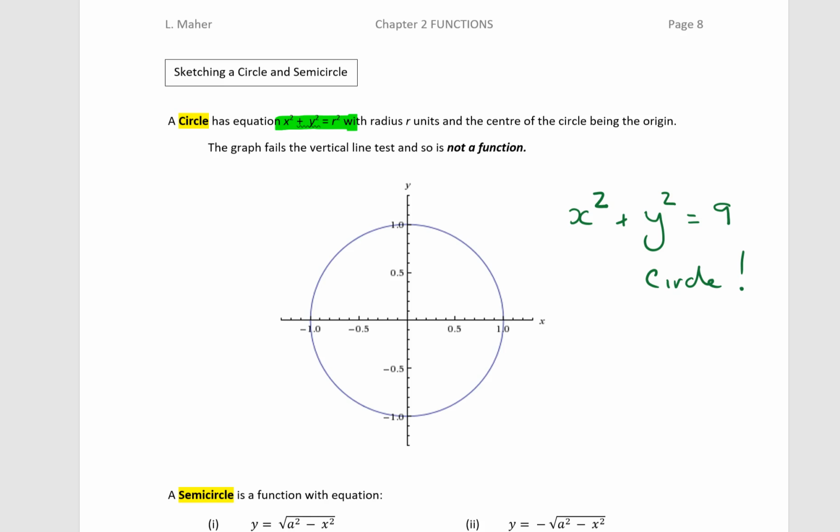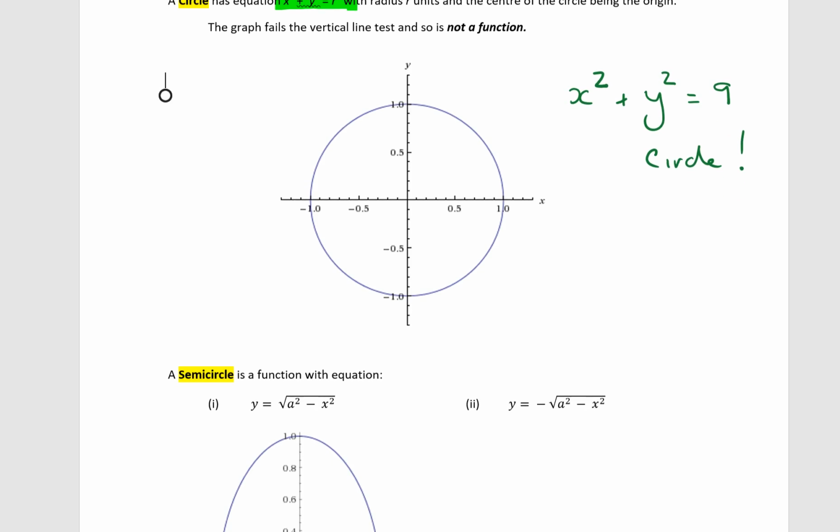Leading on from that, the semicircle becomes, if I make y the subject of this, y squared would be 9 minus x squared, and then take the square root of both sides. Then we've got the positive square root part of the circle, which is a semicircle.